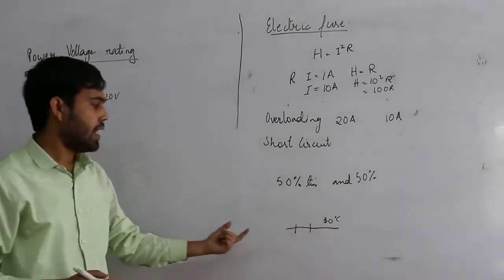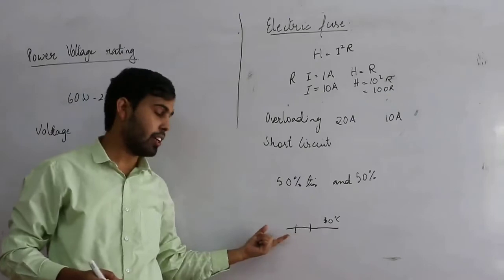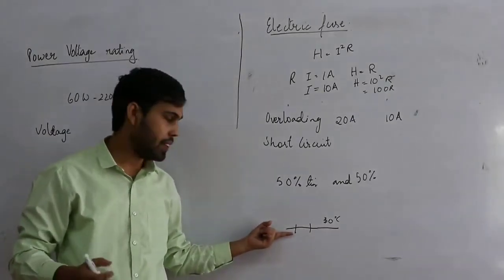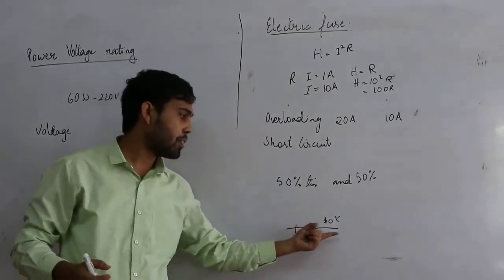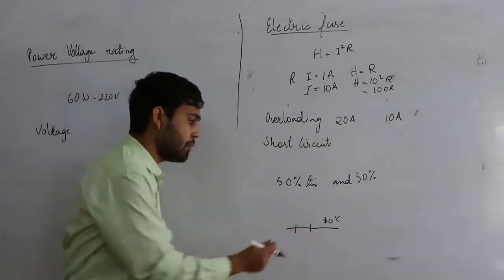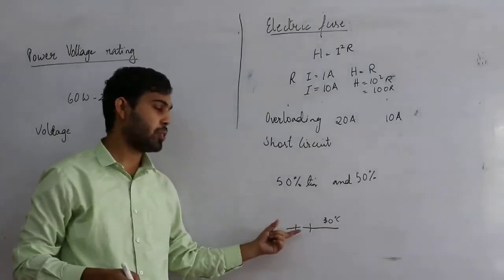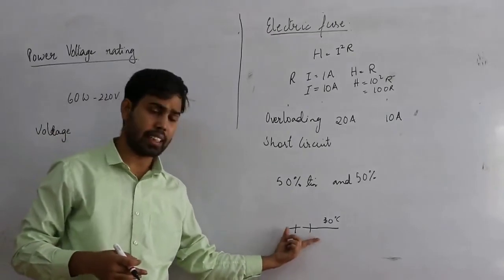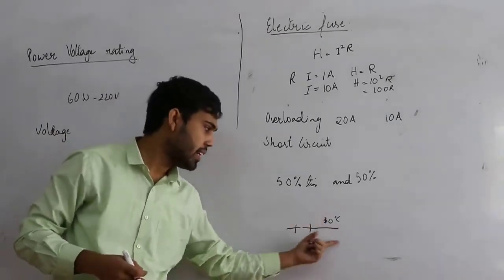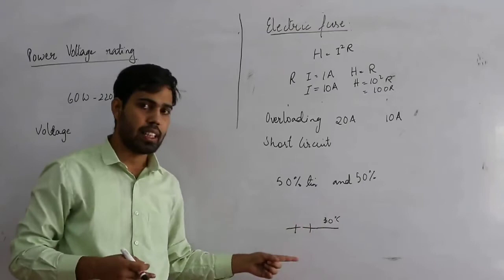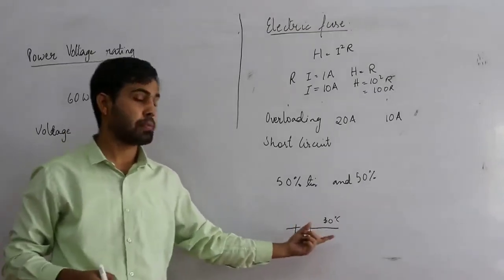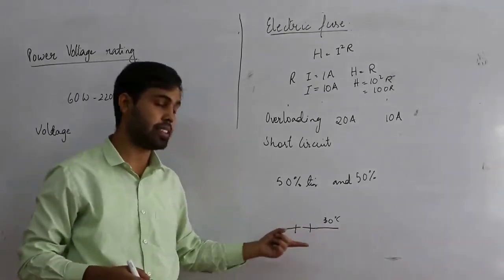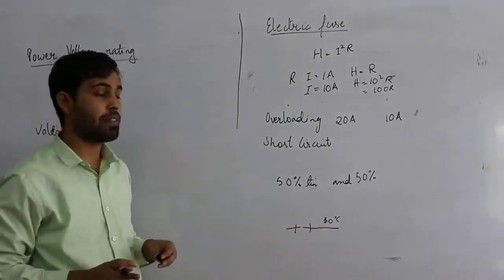If the current increases, leading to an increase in the amount of heat produced, then before reaching the device, my fuse will break, therefore breaking the connection of electric current here. So before reaching my device, the fuse breaks, which saves my device. Instead of damaging the device, my fuse breaks, and I can easily replace the fuse.